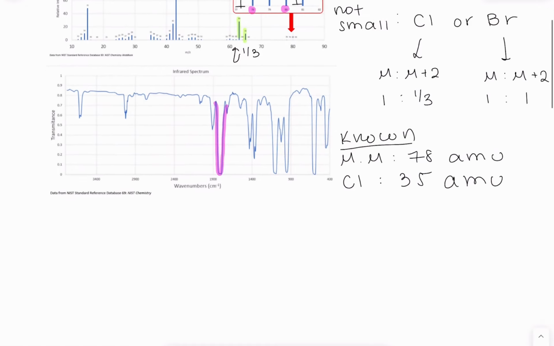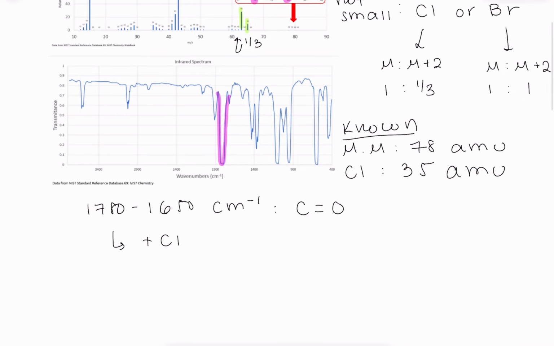Recall that a band around 1780 to 1650 inverse centimeters indicates a carbonyl carbon double bonded to oxygen stretch. When chlorine is also present in a molecule, a band around 1800 inverse centimeters, as I have highlighted here in pink, is most likely due to an acid chloride.